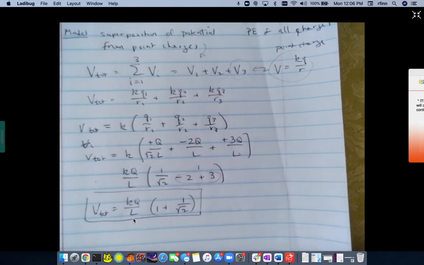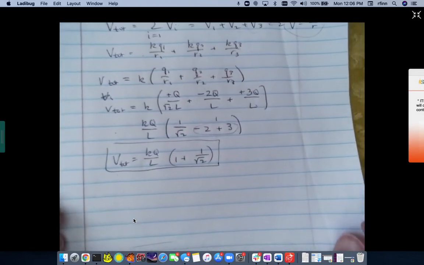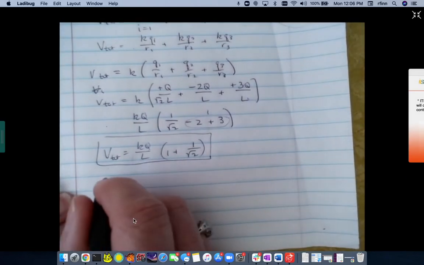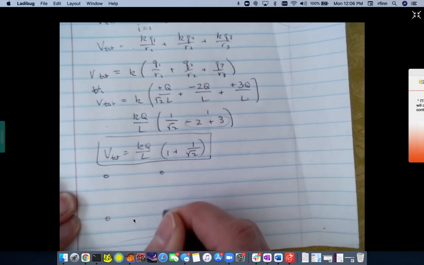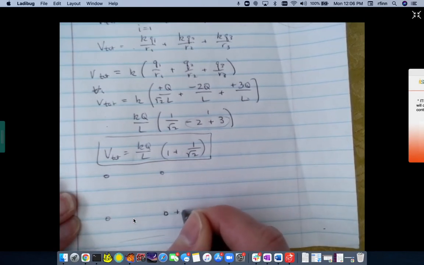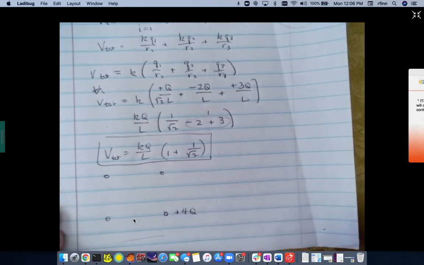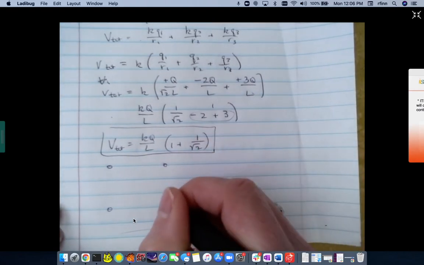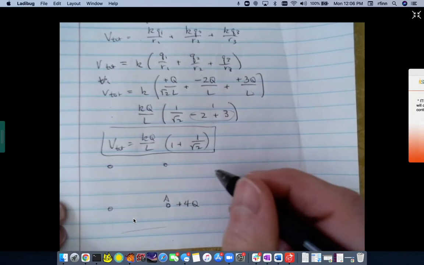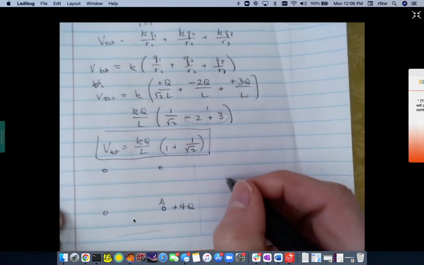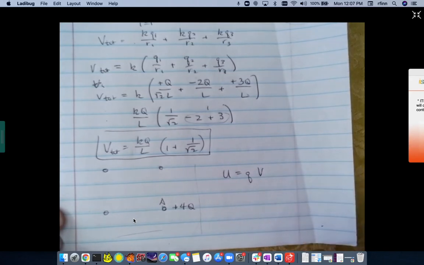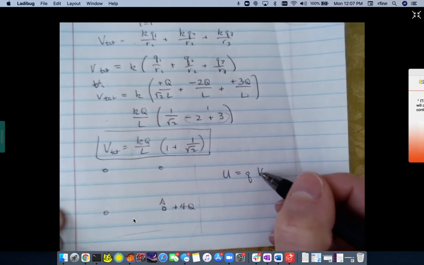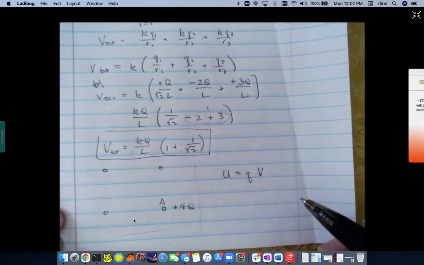Now we want to find, if we bring in a fourth charge to the square, what is its potential energy? We're adding 4Q here at point A. We can use the information that potential energy is Q times V, or potential is energy per charge.